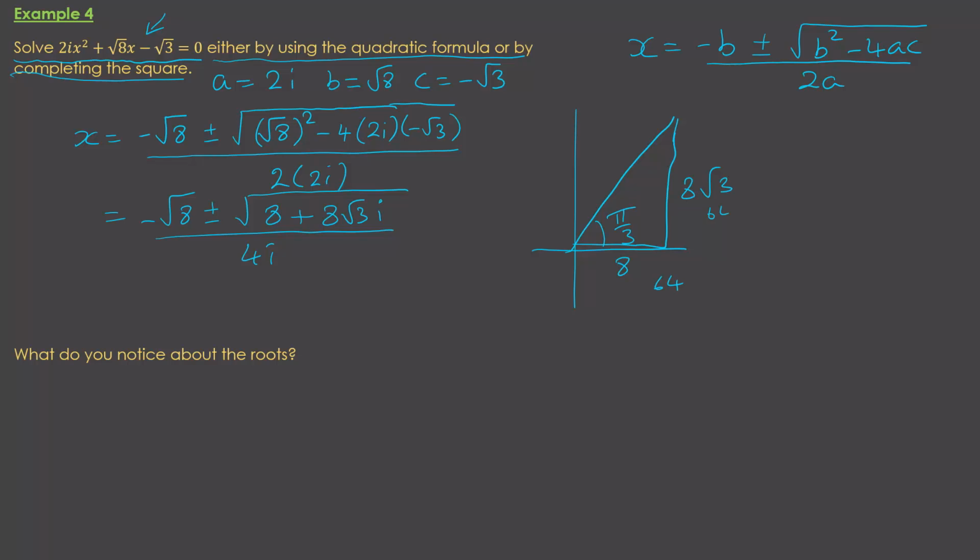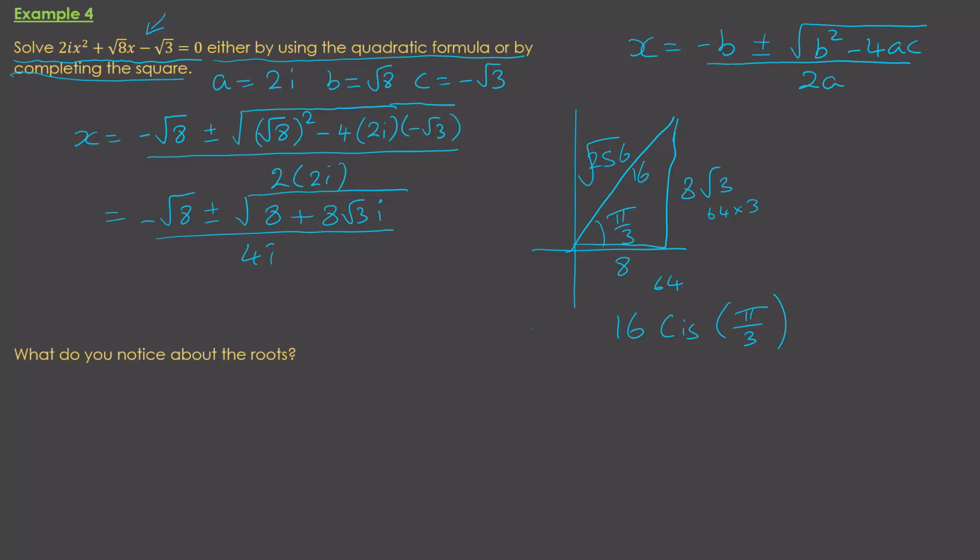And this one will be 64 times 3. So that makes this one 256, or the square root of 256, which of course is 16. So 8 plus 8 root 3i is 16 cis pi by 3.